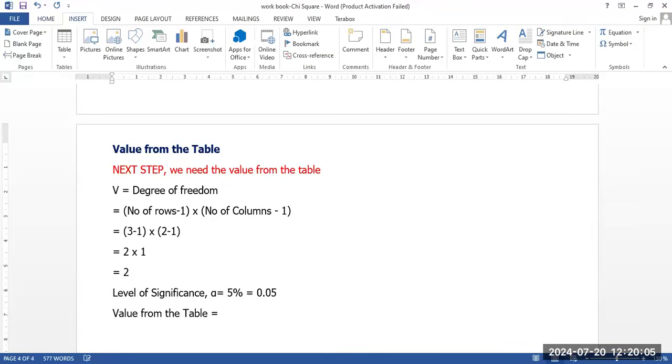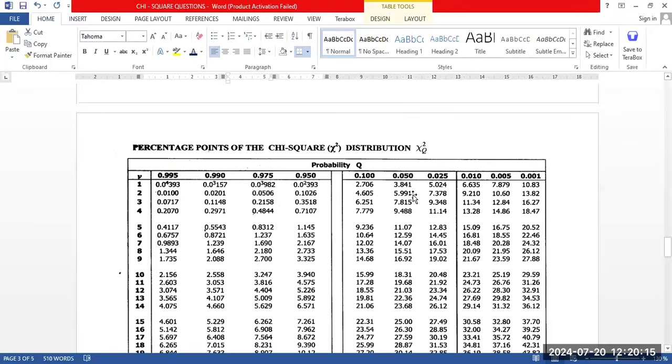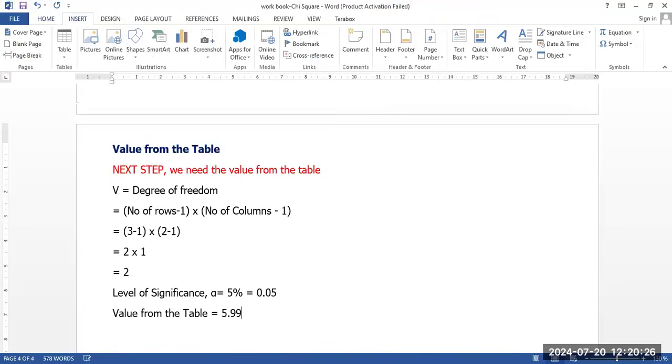So the value from the table is... this one, move horizontally. It is 5.991. That is the value from the table.